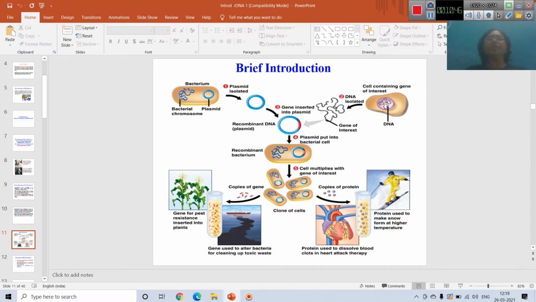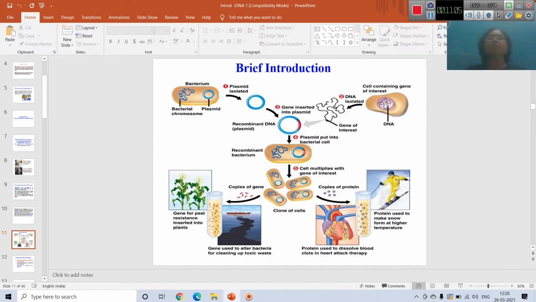In a similar way, the plasmid is a vehicle, called a cloning vehicle or a vector, which transfers the gene to the bacterial cell so that it can be expressed.